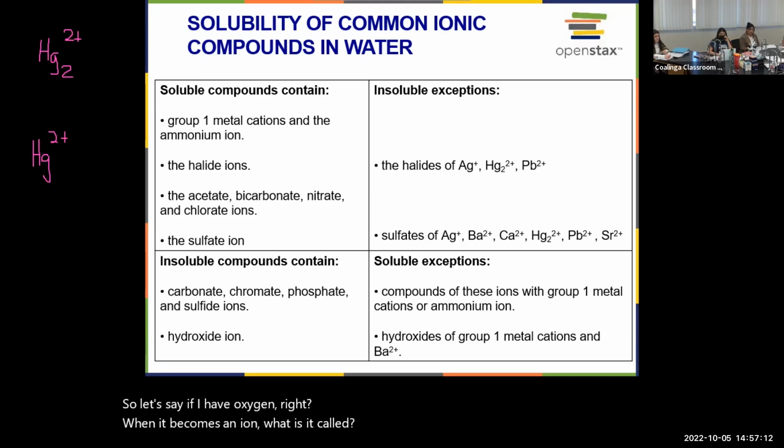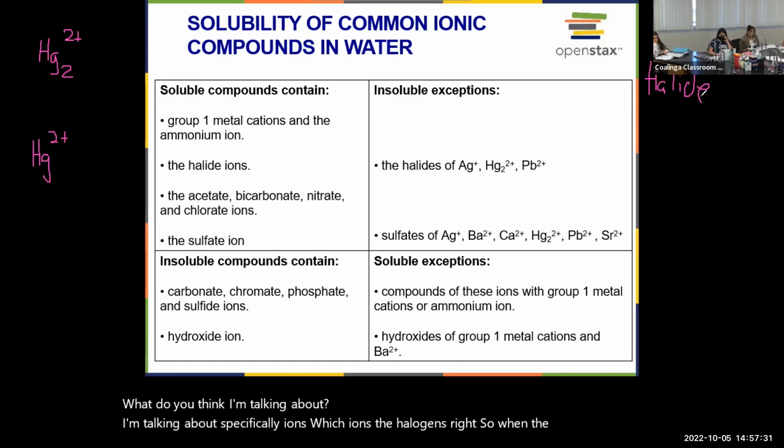It's called oxide, right? So if I have halide, what do you think I'm talking about? Ions specifically. Which ions? The halogens, right? So when the halogens form ions, we call them halides.